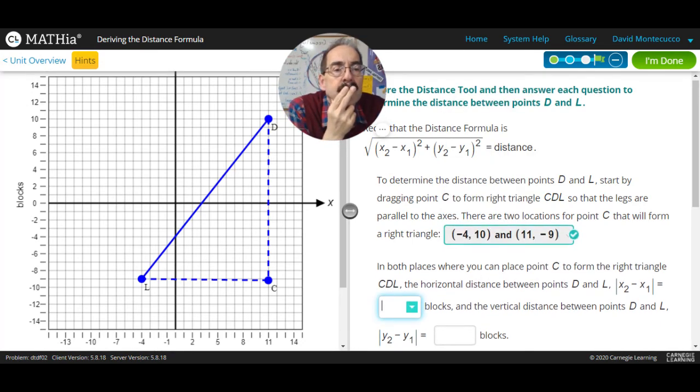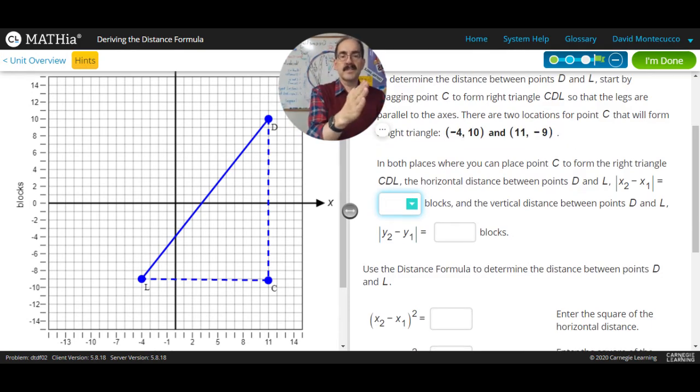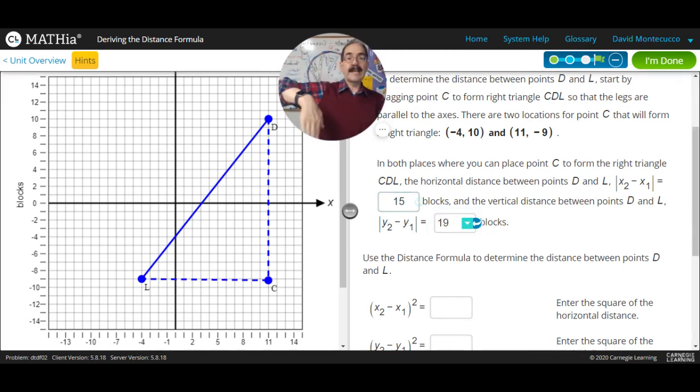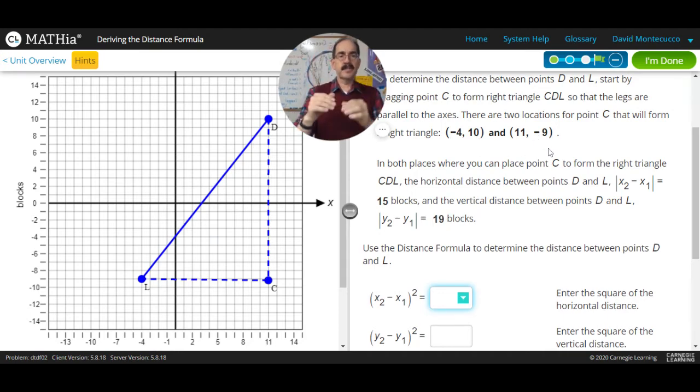Okay, horizontal distance. The x was 15, from 4 and 11. And the y was the 19 units. And we can count. That's all I did was count them. But we could have subtracted: from 10 to -9, that's 19 units.